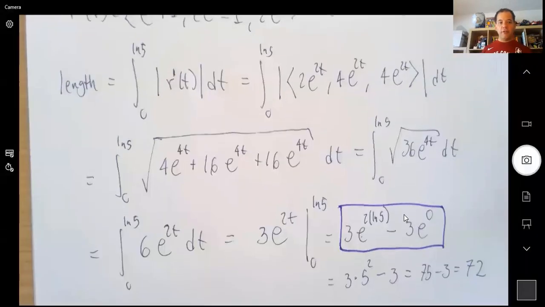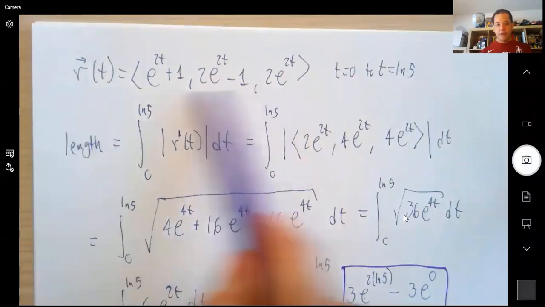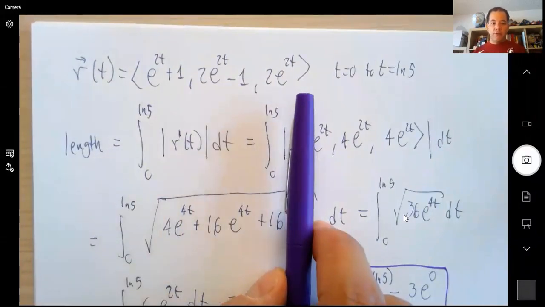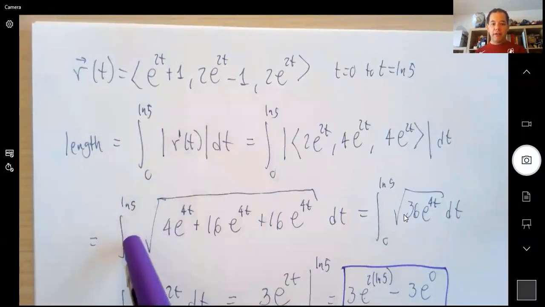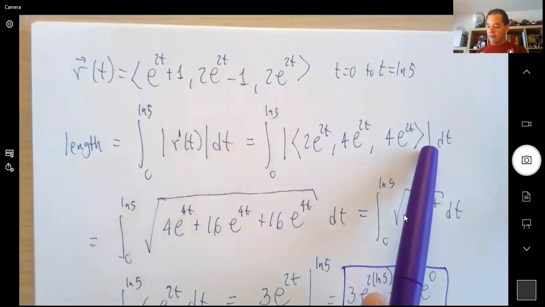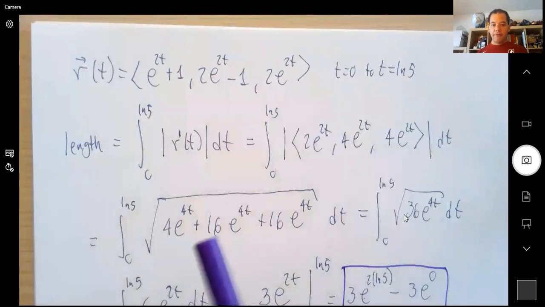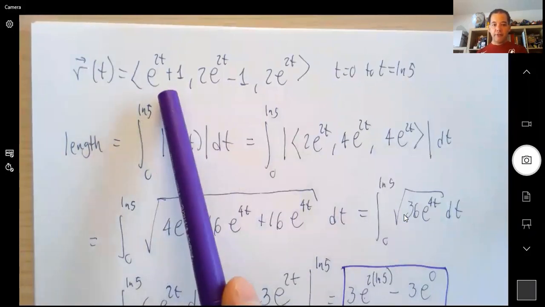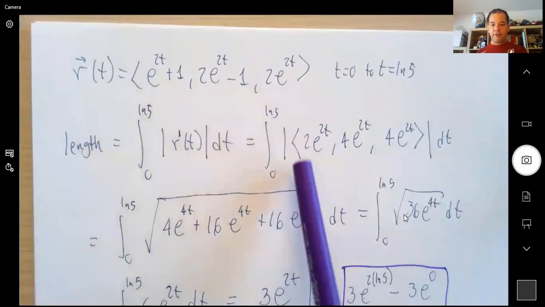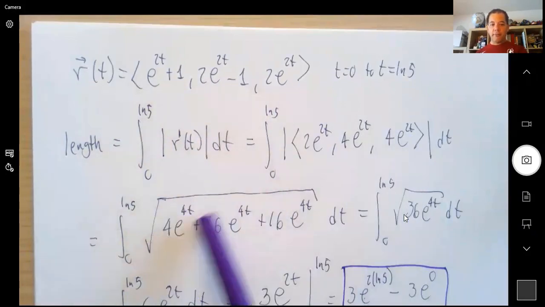This is the one we did. We did the arc length of this expression. The way you do it is you do the derivative first, and then the magnitude of the derivative. And that's what we did. We first found the derivative vector, so the derivative of each one of these is right here. And then to do the magnitude, you square them, right?